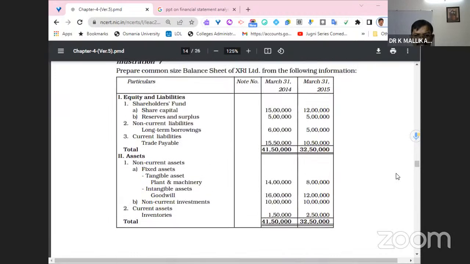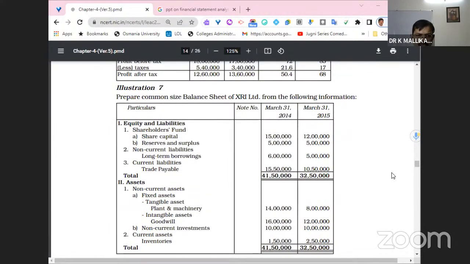Now, common size income statement done. So, common size balance sheet. The examiner gives this kind of problem: a balance sheet is given. Now we are going to prepare the common size statement.